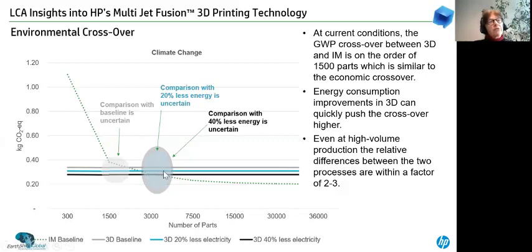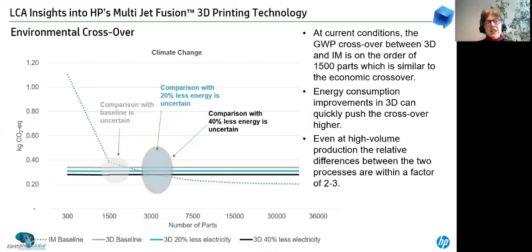Then we have in this bluish circle an area where it's the injection molding versus 20% less electricity use with the 3D printing, where that's uncertain. That's at 3,000 parts. That 3,000 parts is also uncertain when we use 40% electricity.